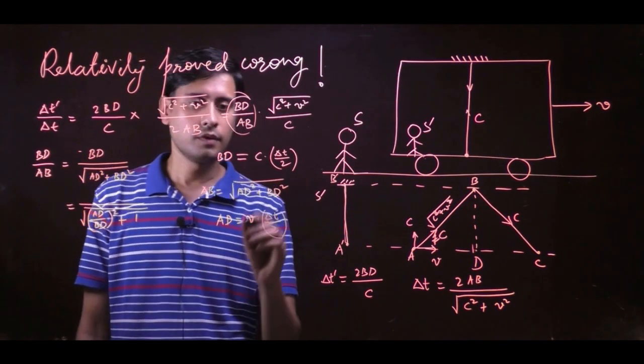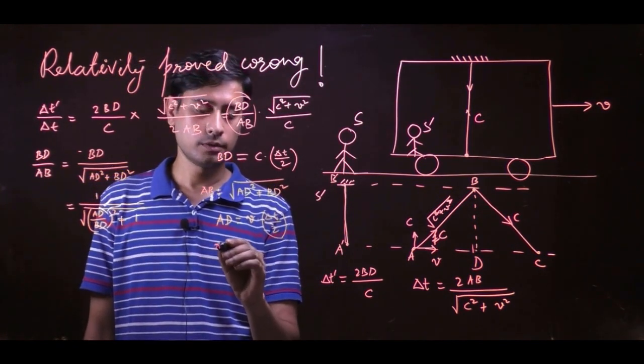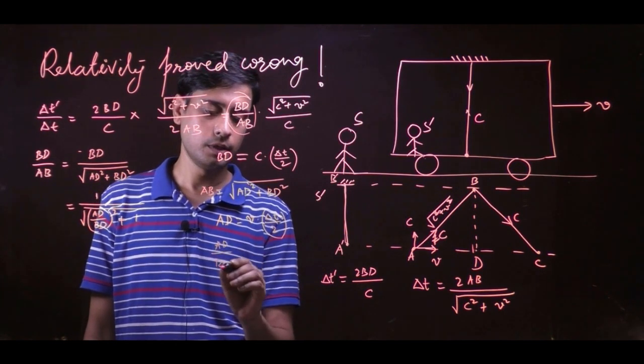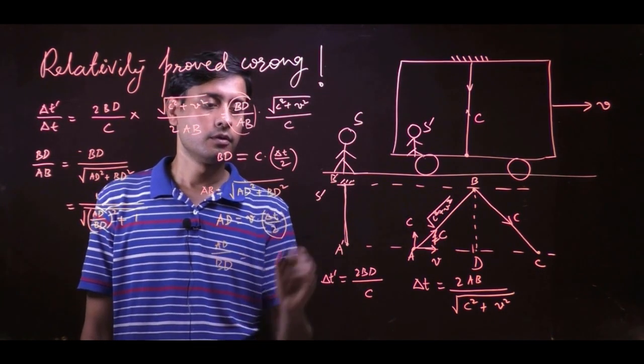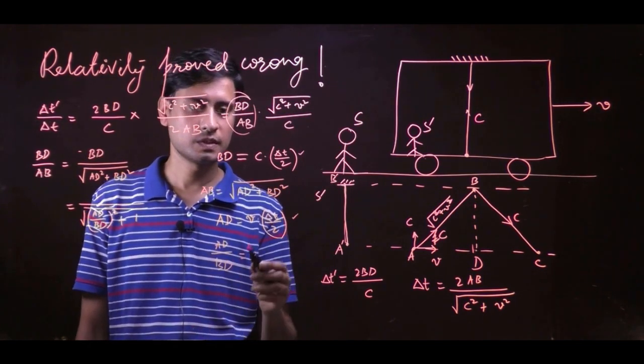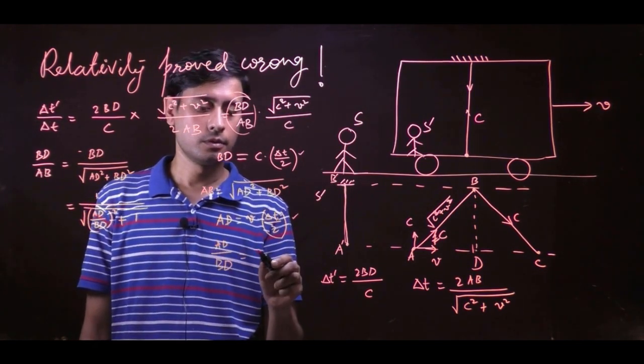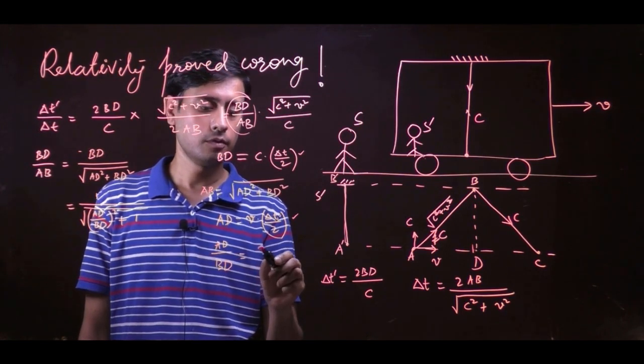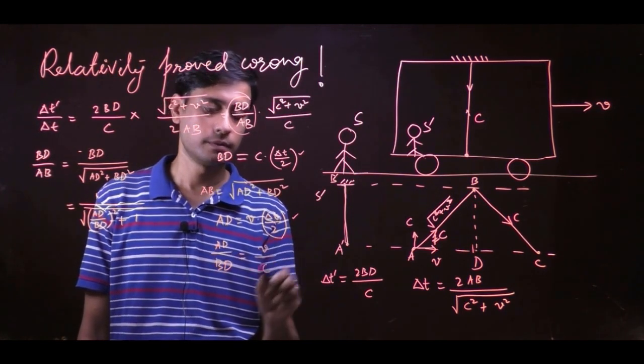Now we can find AD upon BD. This bracket thing is present in both cases, so AD upon BD comes out to be v upon c.